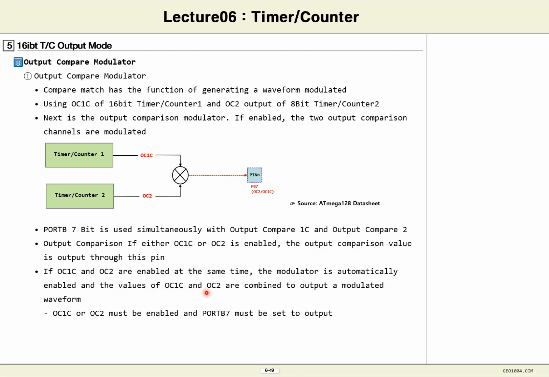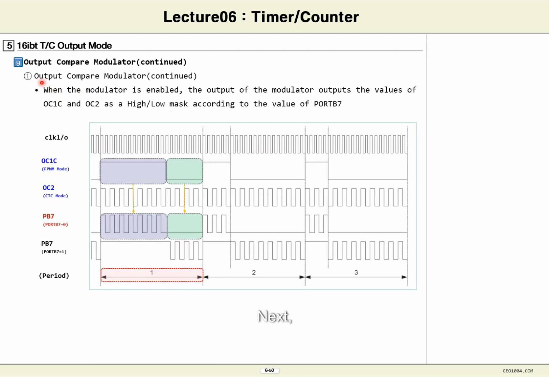Modulation will automatically be activated by the output coupled to OC1C and OC2 and the waveform of the modulation. To achieve this, pin 7 of PORTB must be activated as an output. Next, we will continue to explain output comparison modulation.